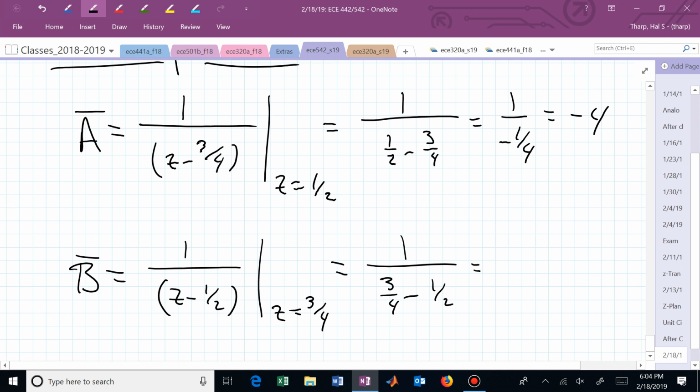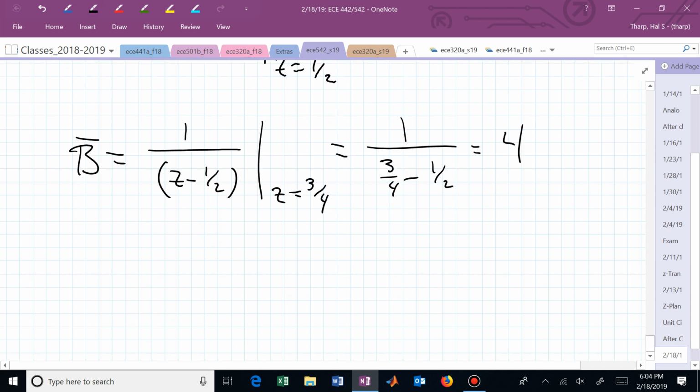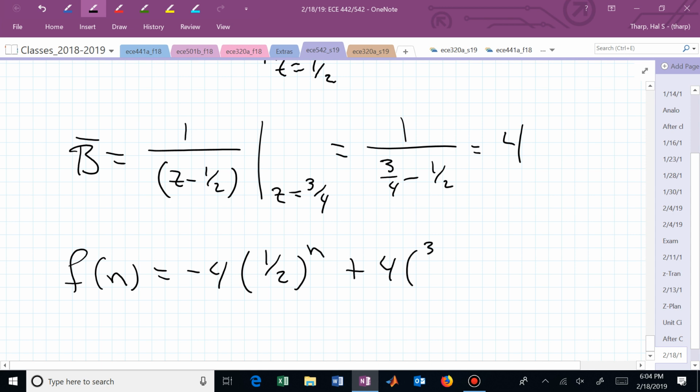Now we have 1/4 downstairs, which ends up being 4. And we now have f of n equaling minus 4 times 1/2 to the n plus 4 times 3/4 to the n, for n greater than or equal to 0.